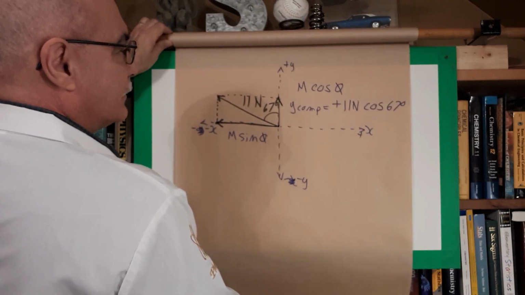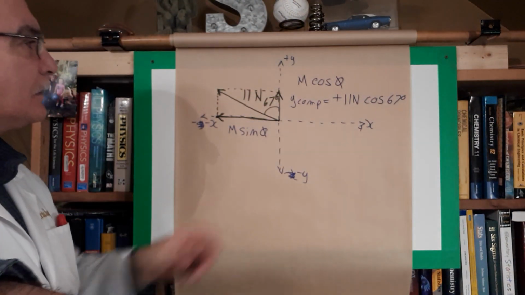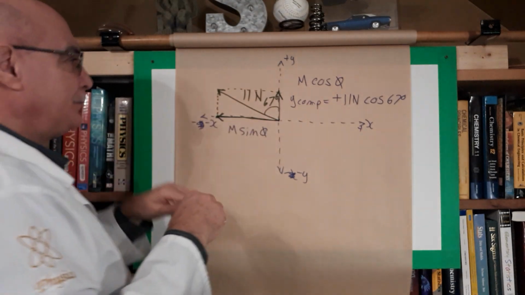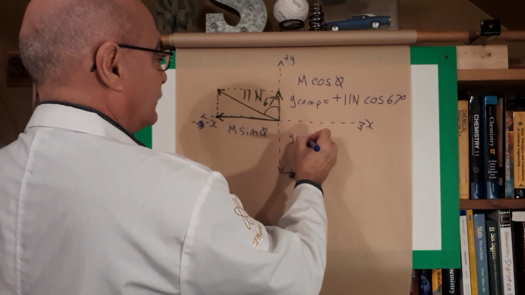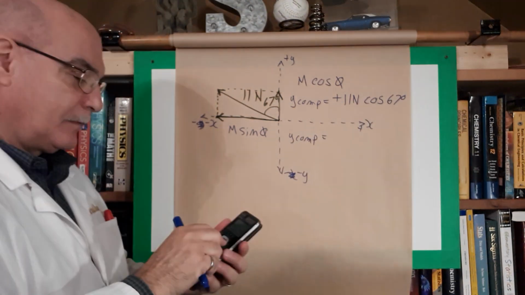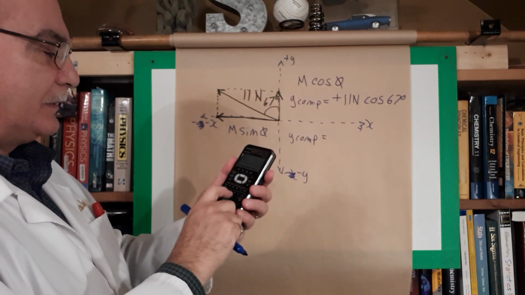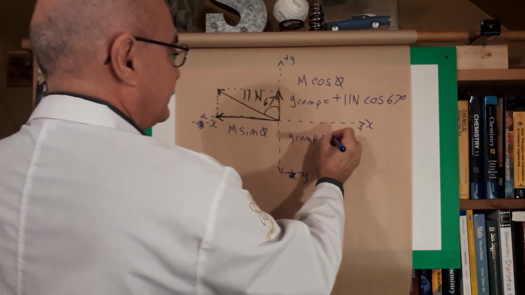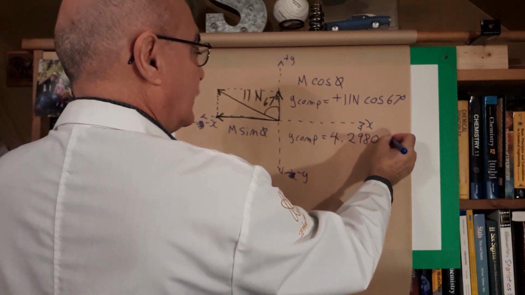We have the equations. We have some numbers. So in the y component now, going up, this will be the magnitude. I'm going to put that in my calculator. And this time I'll just simply go 11 times the cosine of 67 degrees is equal to 4.298042.